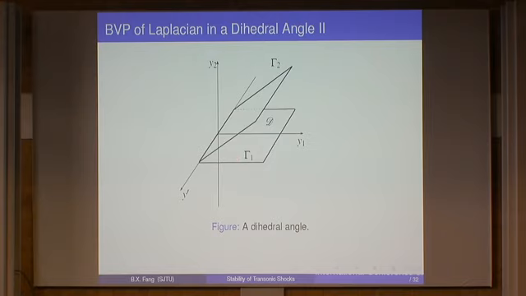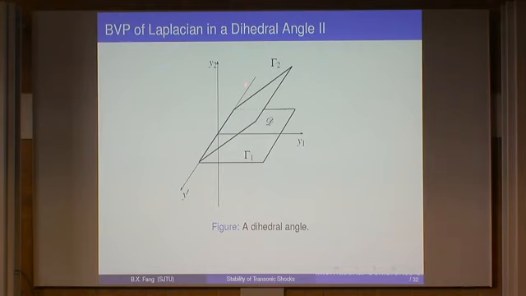The difficulty here is that we have a singularity at the edge, and also a singularity at infinity. So there are two singularities. The difference between the 2D case and the multi-D case is that in the 2D case this edge shrinks to a single point, and in the multi-D case, if n equals 3, it's a straight line, and if n is larger than 3, it's a hyperplane.